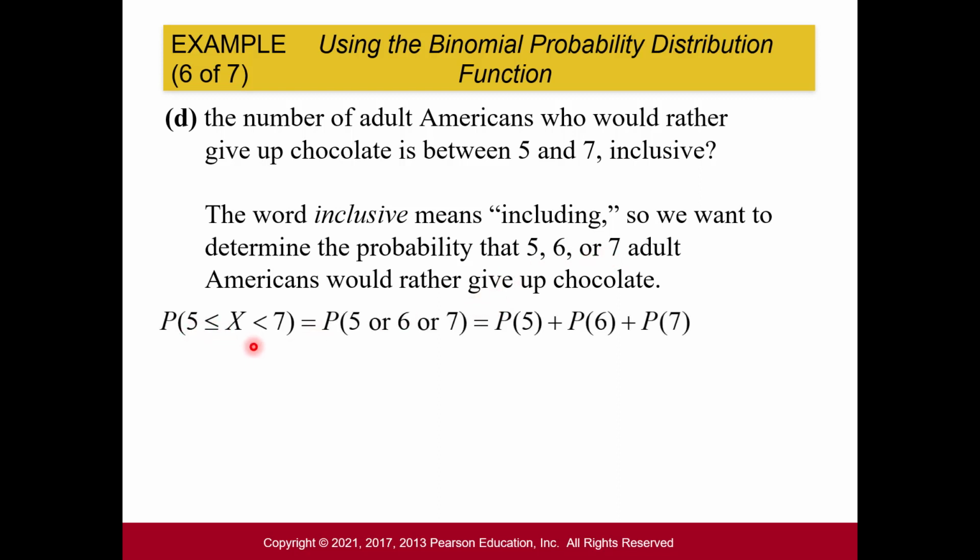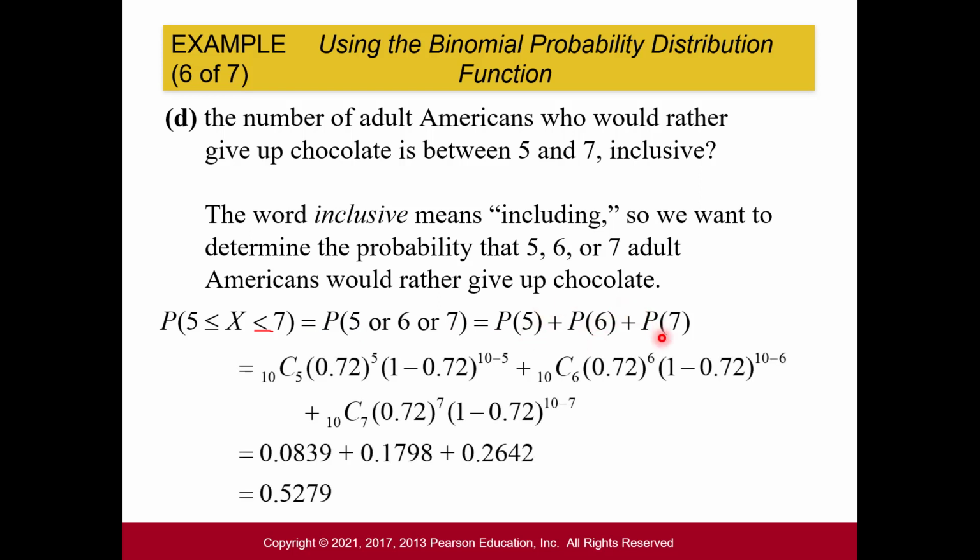The way we can write this, there's a little typo here, this should have an equal bar: the probability that x is greater than or equal to 5 and less than or equal to 7. And so that's the same as the probability of 5 plus the probability of 6 plus the probability of 7.